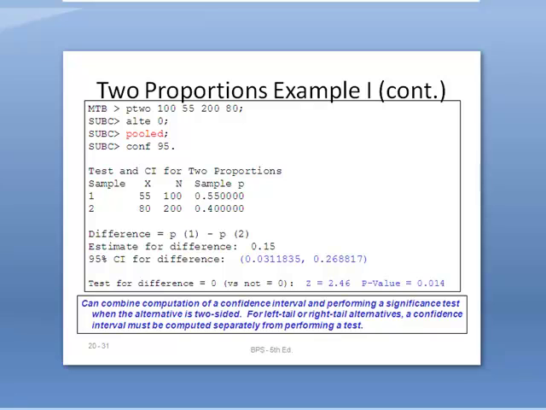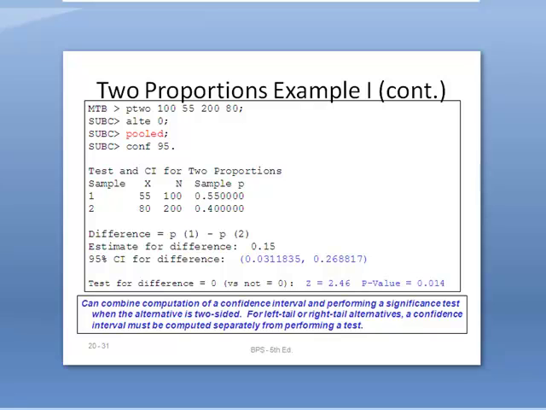Now here's how we could use Minitab to help us to calculate this. The command would be P2, and again we put our N1, X1, N2, X2, so that'd be 100, 55, 200, 80. The alternative is 0 because this is a two-tailed test. Now we've got to let it know that we're doing a pooled hypothesis test. And if we wanted to, we could also do a 95% confidence interval if we so desired.